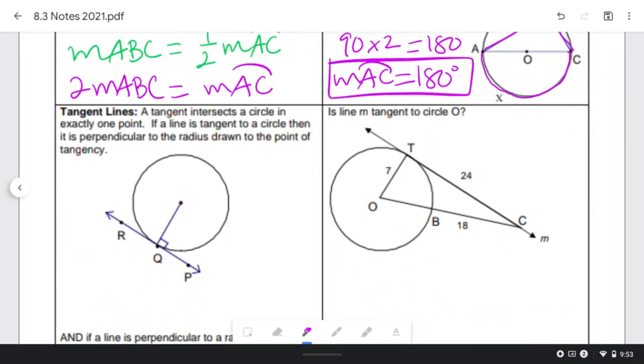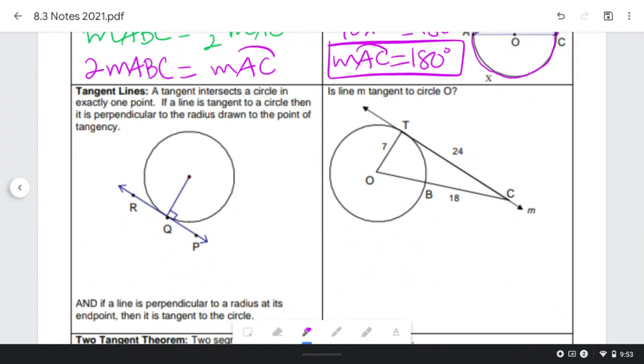All right, if we look at tangent lines, a tangent intersects a circle exactly at one point. And we went over a tangent line in the last set of definitions, but what we didn't go over was that when you draw a radius from the center to the tangent line, you get 90 degrees.